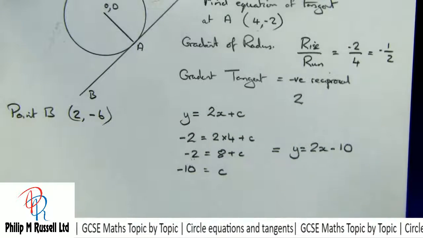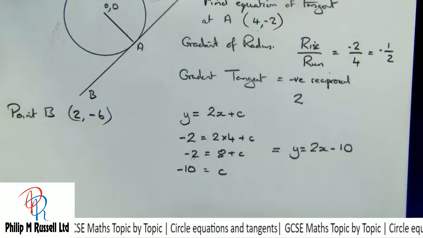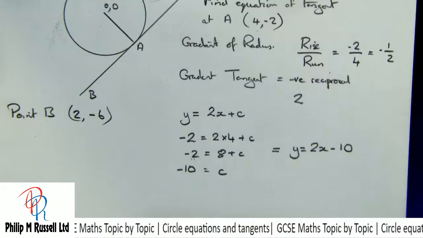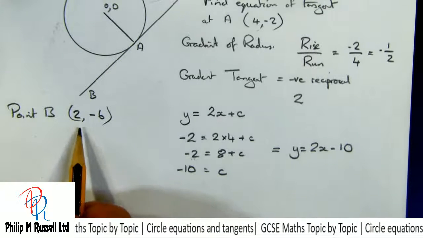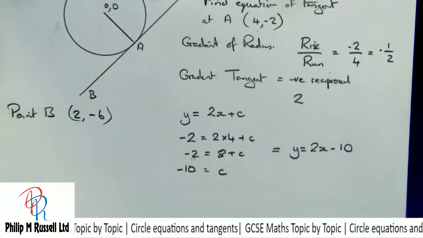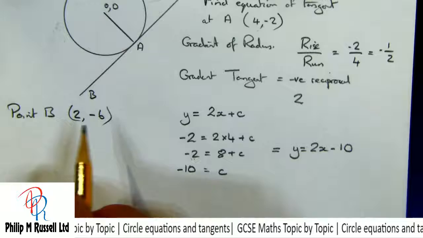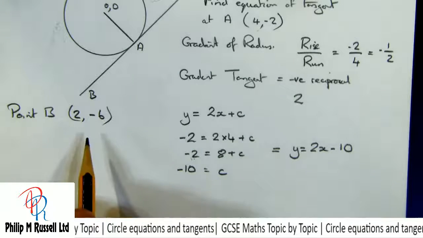So will that fit on this line? How are we going to work out whether these coordinates are suitable? Well, if I put one in, then we should be able to work out what the other one is.